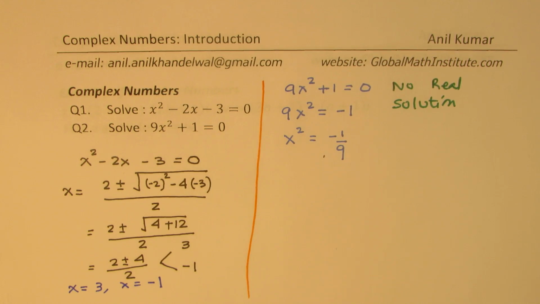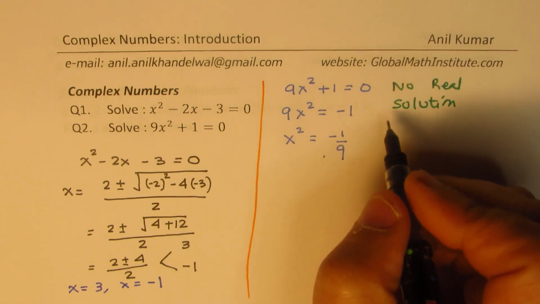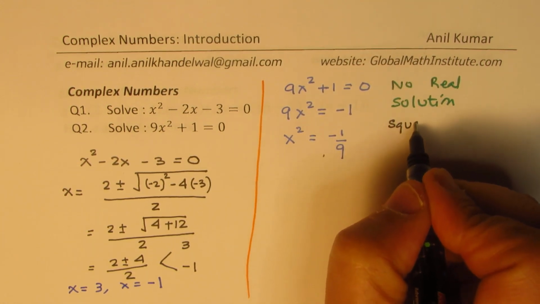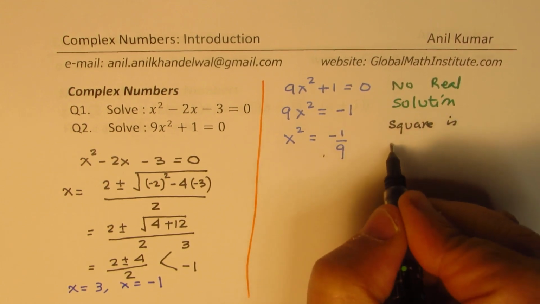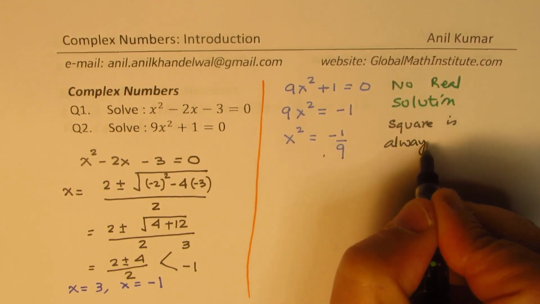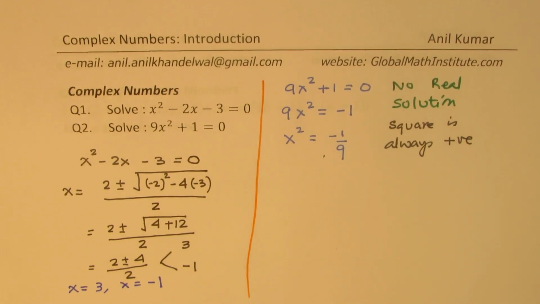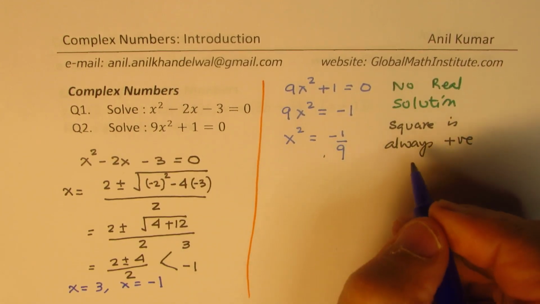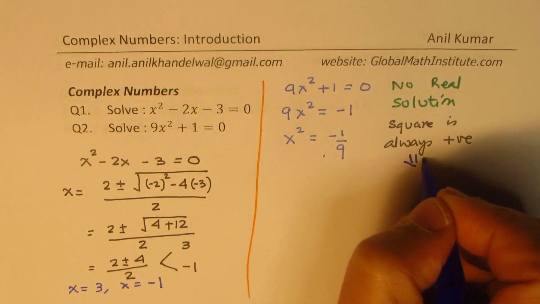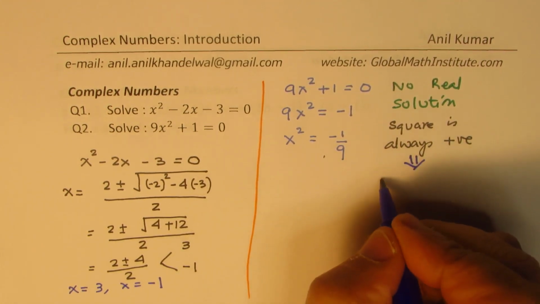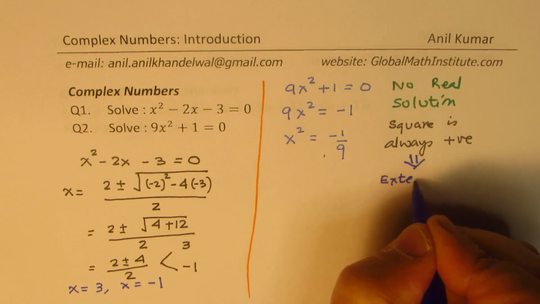Why? Since a square is always a non-negative number, right? Not negative, correct? Now we can only get a solution if we extend this to complex numbers.